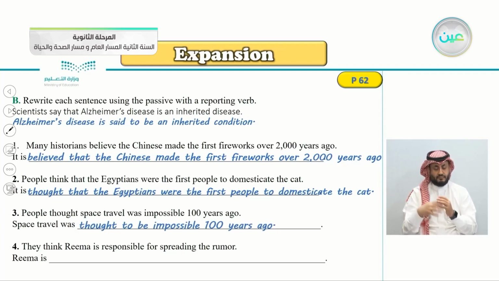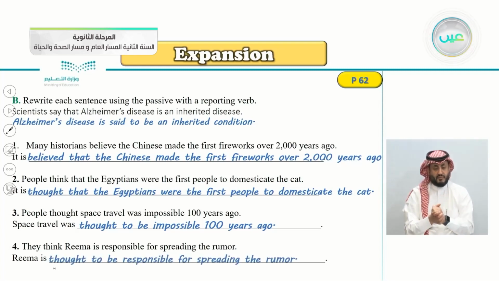Number 4, they think Rima is responsible for spreading the rumor. So we have think here. What do we say here? Rima is, yes, very good. Rima is thought to be responsible for spreading the rumor.